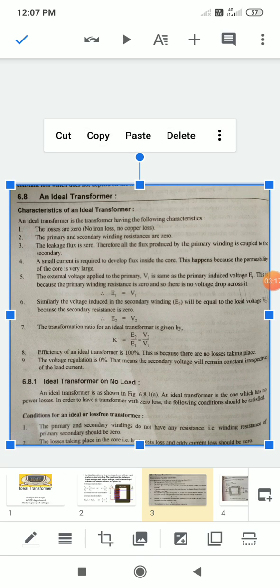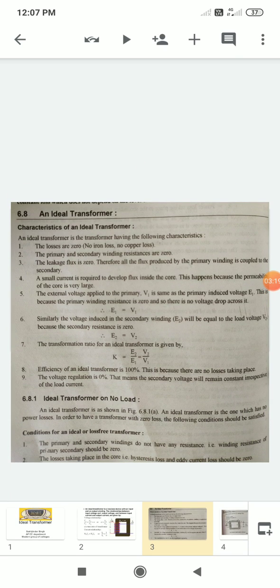Students, practically it is not possible to have an ideal transformer, because there is always a loss. We don't get 100% power at the output end of a transformer. If we talk about examples in our daily life, the transformer that we use to supply electricity is not an ideal transformer.